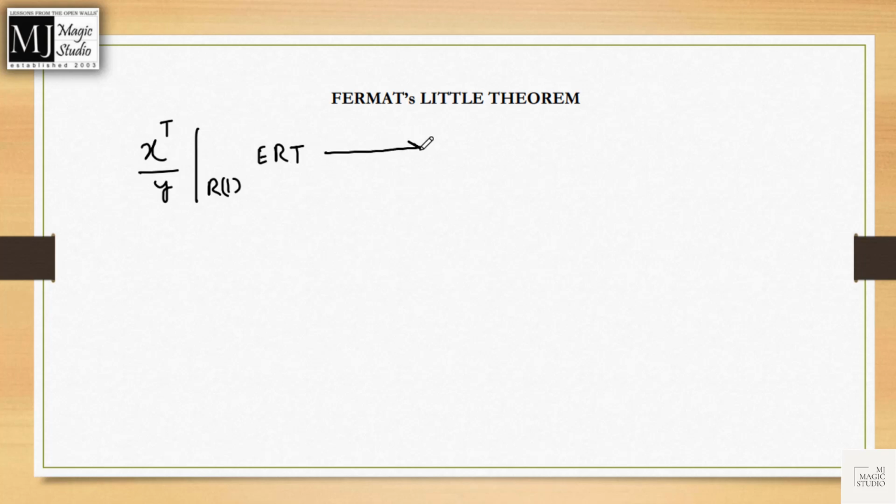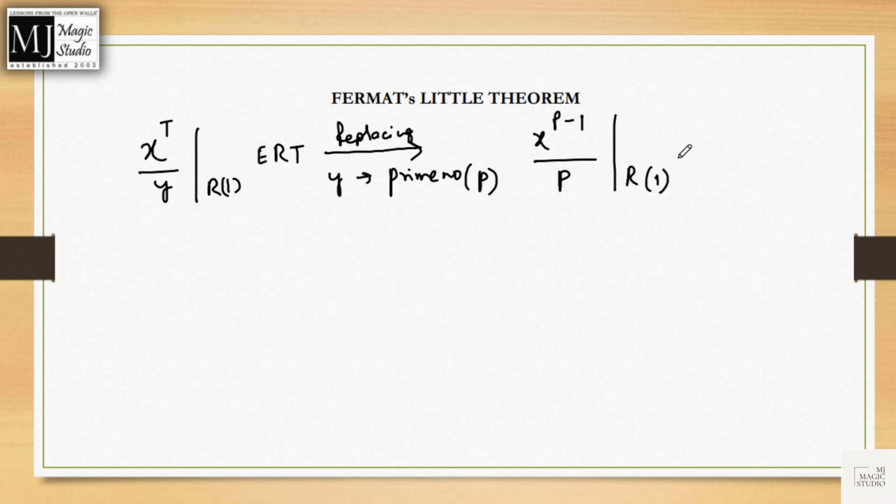If I replace y by any prime number p, then this will become x to the power p minus 1 divided by p. We know the totient number for a prime number is p minus 1. So x to the power p minus 1 when divided by p will always leave remainder 1, and this is Fermat's little theorem, FLT.